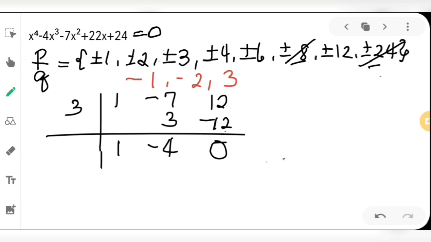By the way, how many roots does this polynomial equation have? Okay, very good. It has 4 roots because the degree is 4.